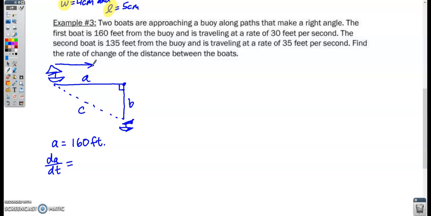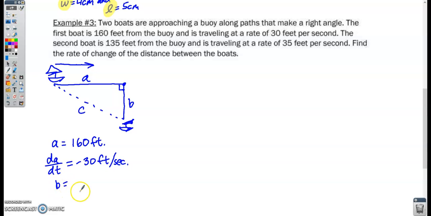So the value of A is actually decreasing, which means that dA/dt is not 30 feet per second, but rather negative 30 feet per second, because A is getting smaller as time goes by.